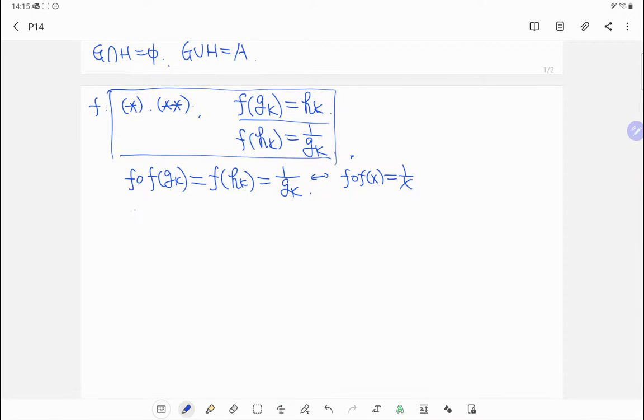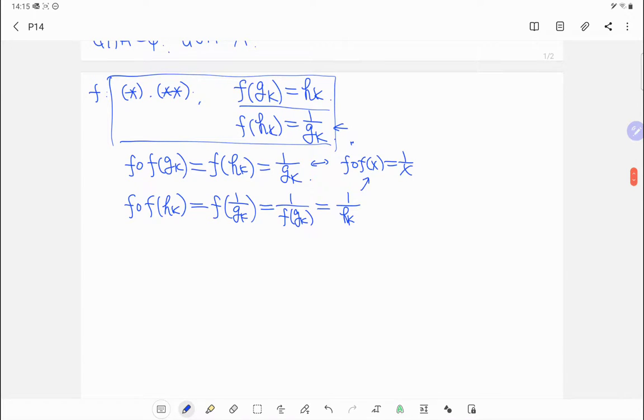Likewise, we can pick f of hk. It will be f of 1 over gk according to this one. But f is multiplicative, so it will be 1 over f of gk. And since f of gk is hk, it is 1 over hk. So it also satisfies this property, and also satisfies the multiplicative property.